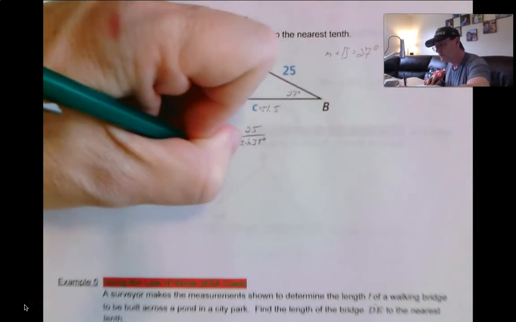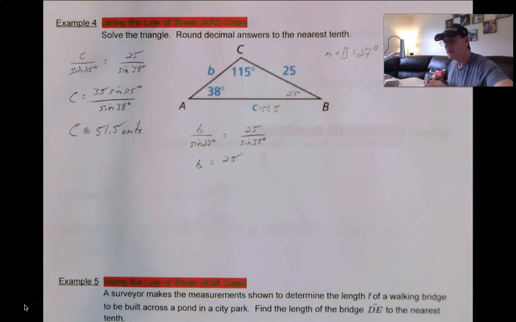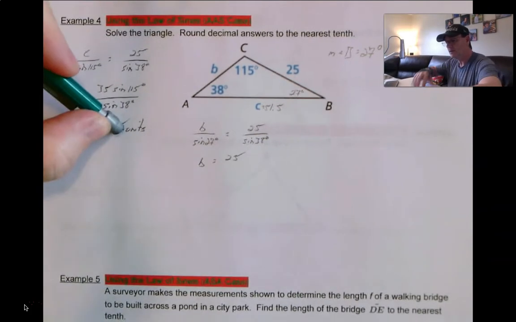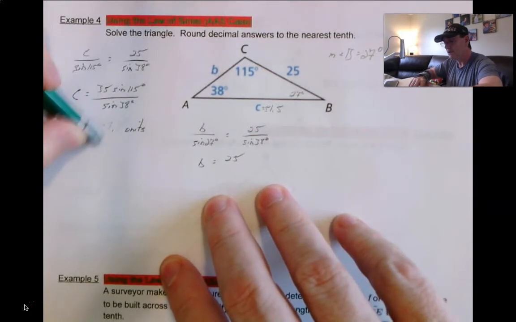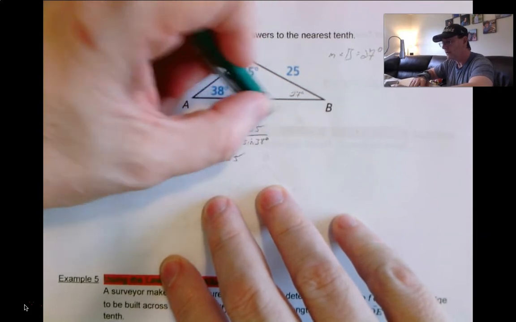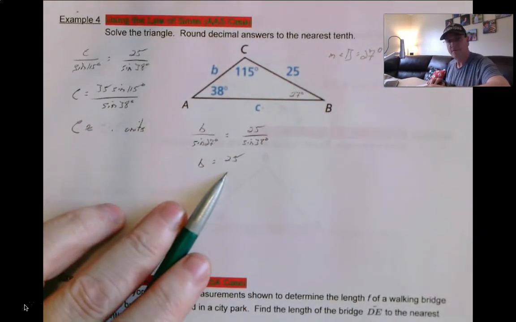Little b equals 25 sine, oh, I just found a typo. And I'm going to come back. This should be a 25. I don't know how I copied that. All of a sudden it made it a 35. And that's going to change this number here. It's not going to change our value for b, luckily. So I'll go back and correct that in a second, as soon as I finish finding little b.